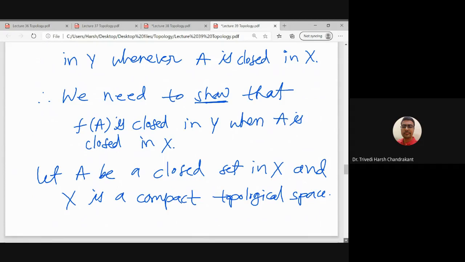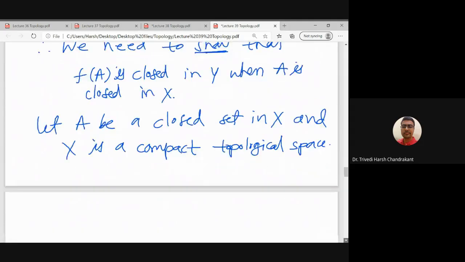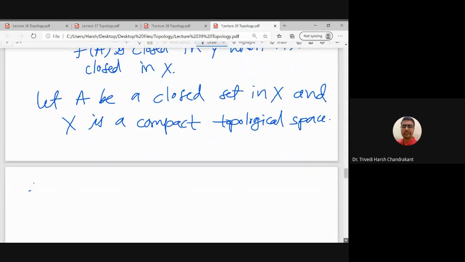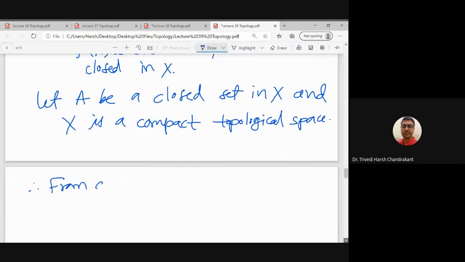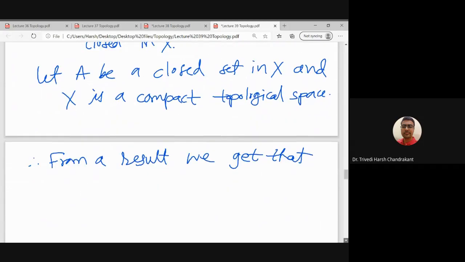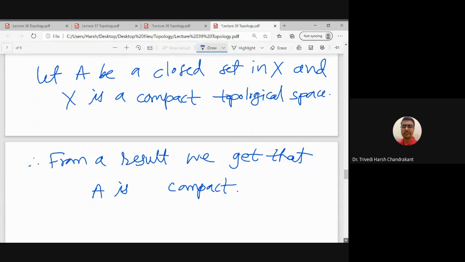Therefore from a result which we proved, we get that a closed subset of a compact space is always compact. So that means A is a compact subspace of X, right?